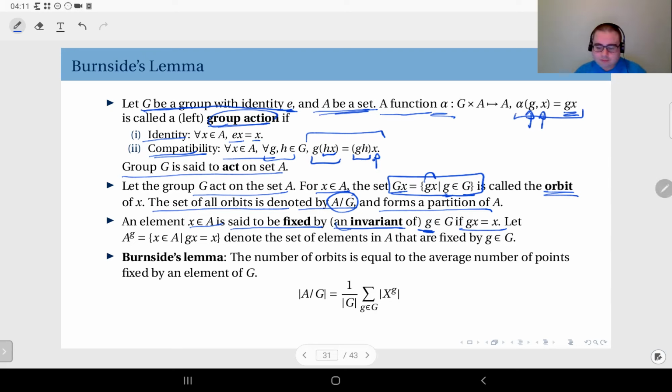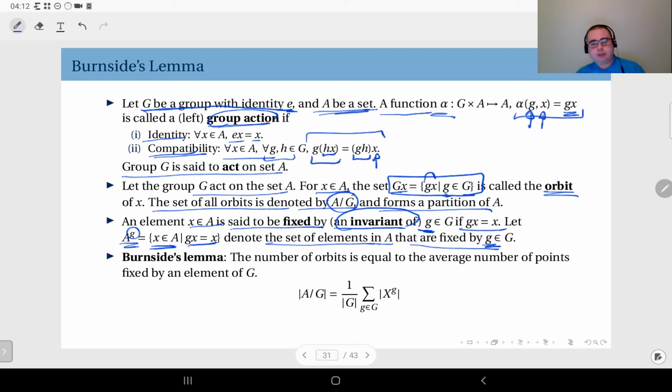So it's called an invariant of the permutation g if the element x is mapped to itself. And again, we define this set A^g as the set of elements in set A that are mapped to themselves through permutation g. The set of all elements in A that are fixed by the permutation g.